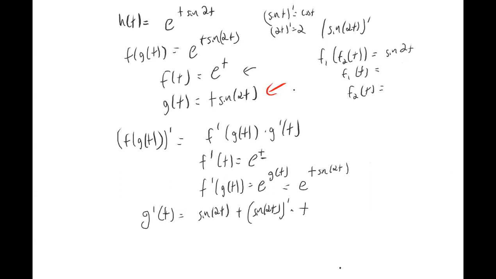My outer function, what's the main thing that's happening for sine of 2t?